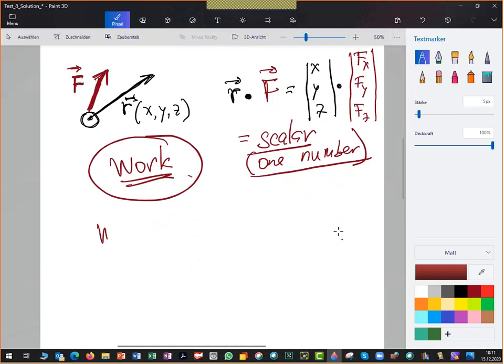So we can simply take the magnitudes of the corresponding values. We take displacement magnitude, we multiply it with the magnitude of force, absolute value of force, and we needed to multiply it to the cosine of the angle between them. Let's call this angle theta.